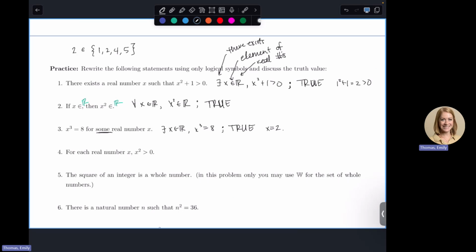This one's tricky. What's the quantifier on number 4? Yep. For all x in R, x squared is greater than 0. True or false? False. How do you know? What is this thing called?